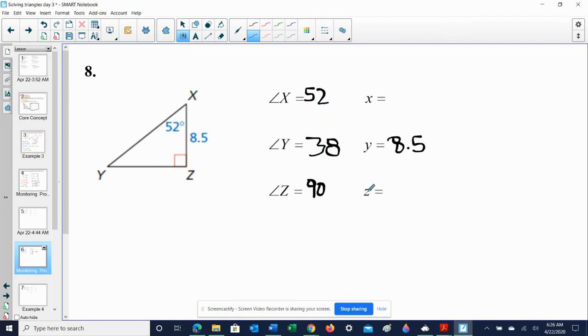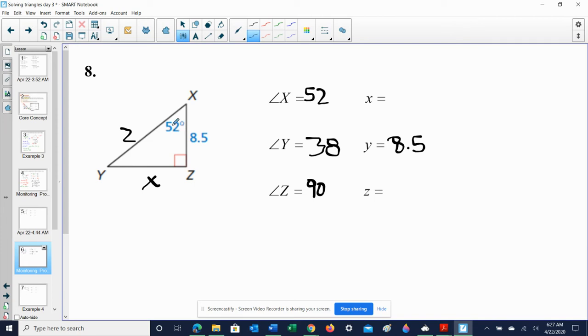So I have angle Y right away because I have these two angles. Now I have to find X and Z. Where's X? X is over here. Z is over here. Does it matter which one I find first? No, it doesn't. But I have to use sine or cosine or tangent. Personally, I would continue to use tangent. What do we know?